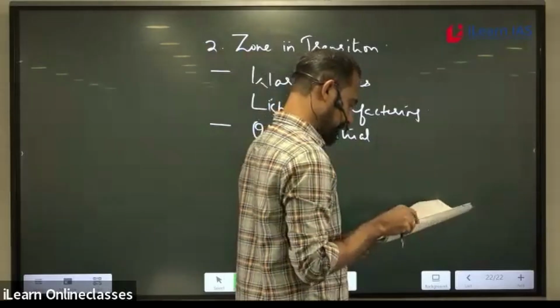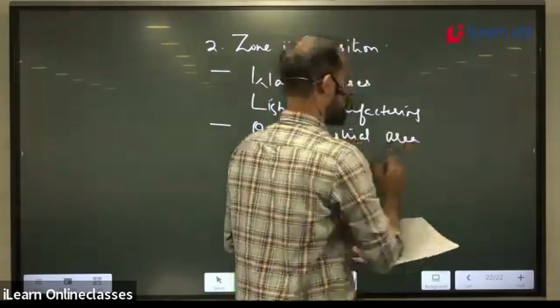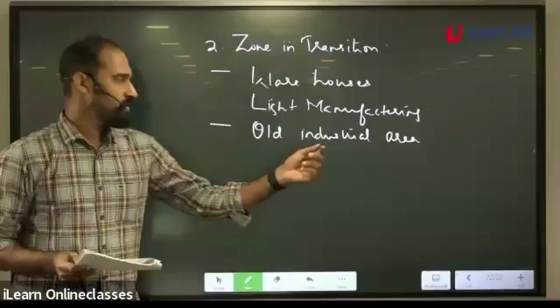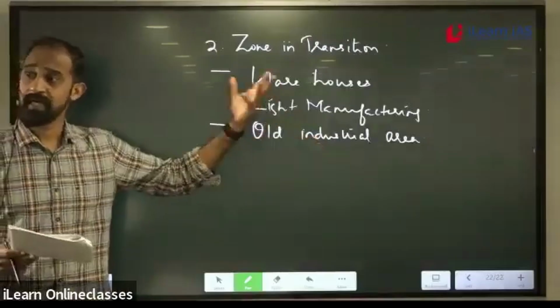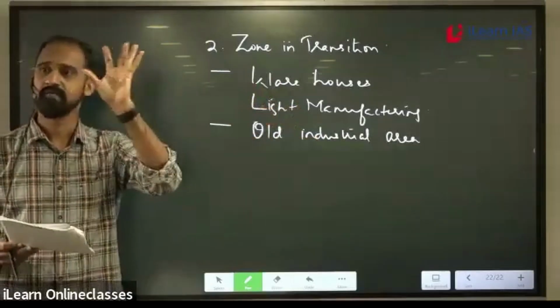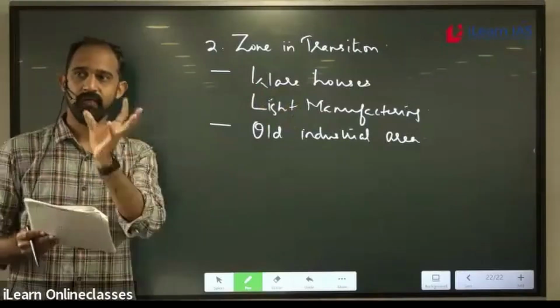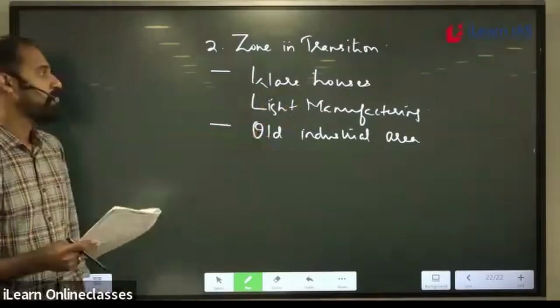So this will be an area associated with earlier industries which got established probably at the starting of the cities. When that city evolved or developed, probably some of the industries which formed might still be there.